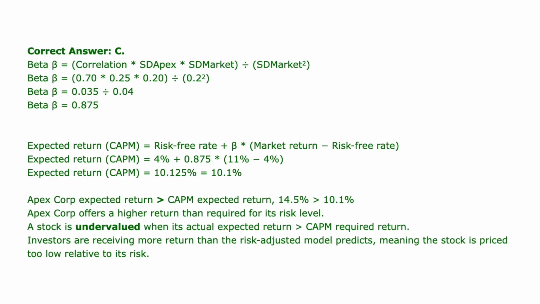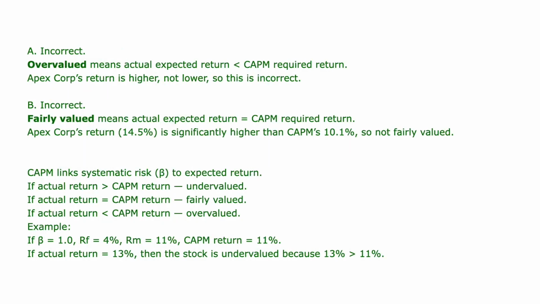Beta equals 0.875. CAPM required return equals 10.125%. Actual expected return 14.5%, greater than CAPM required return 10.125%, undervalued. Undervalued equals actual return greater than CAPM return.